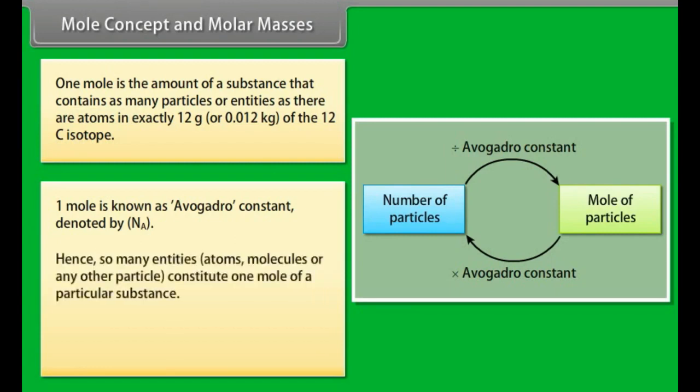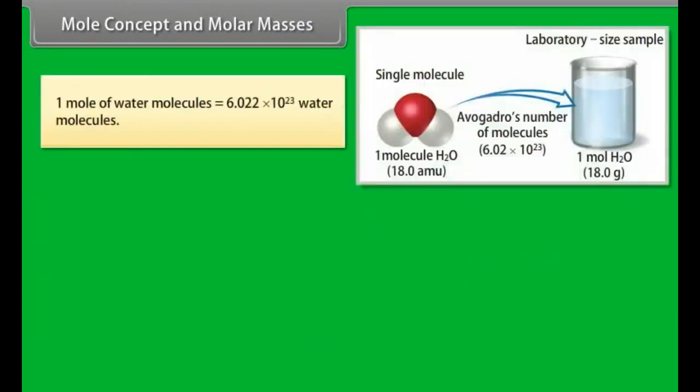Hence, so many entities, atoms, molecules or any other particle constitute 1 mole of a particular substance. Or we can say that 1 mole of H atoms is equal to 6.022 into 10 raised to the power 23 atoms. 1 mole of water molecules is equal to 6.022 into 10 raised to the power 23 water molecules.